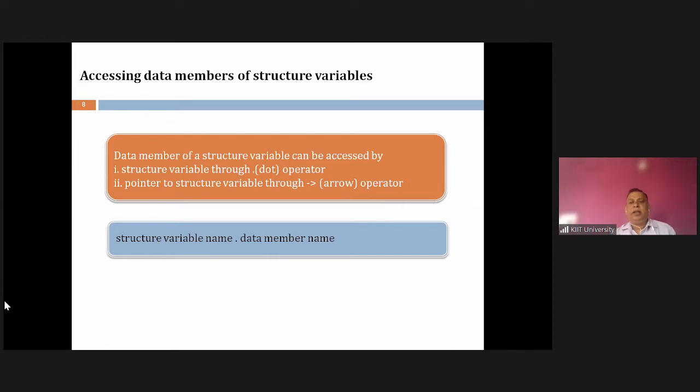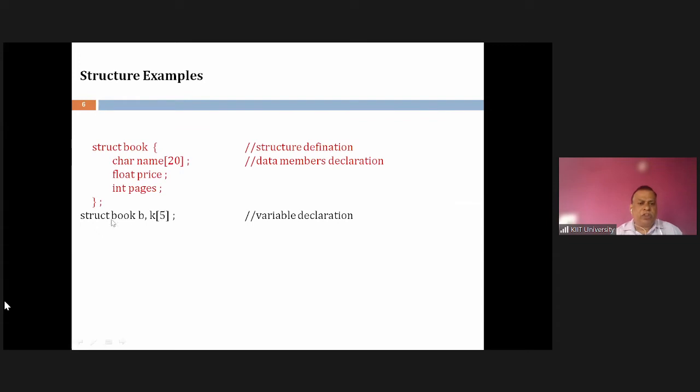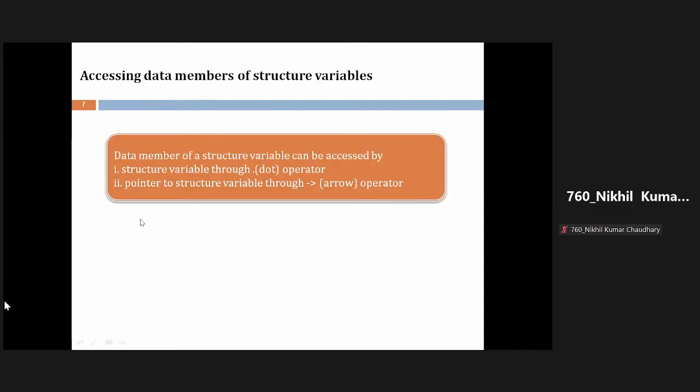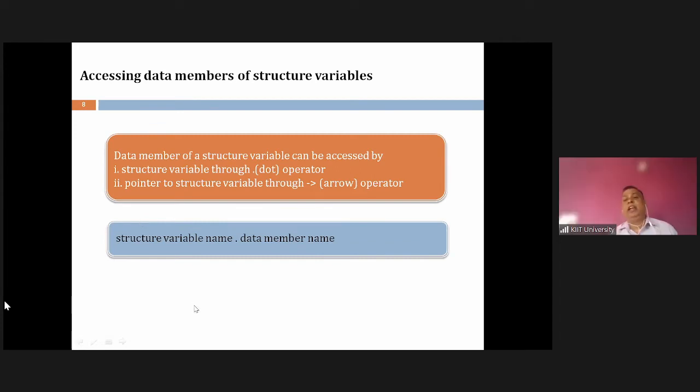If I'm using the name of the structure variable to access the data member, it's very simple. Before the dot, I'll write the name of the structure variable. What is the name of the structure variable here? B. So before the dot, I'll write the name of the structure variable.